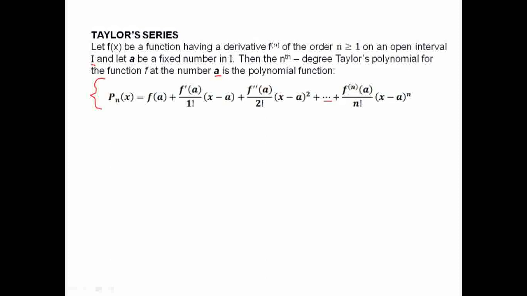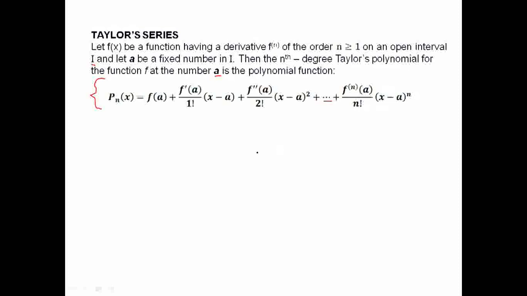This n implies how many times the function has been differentiated. Having differentiated, you replace the value of x by a, then divide by n factorial, then multiply by (x minus a) raised to the power n.